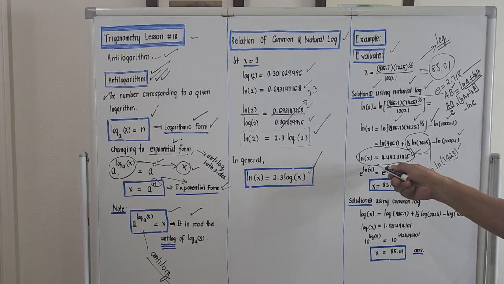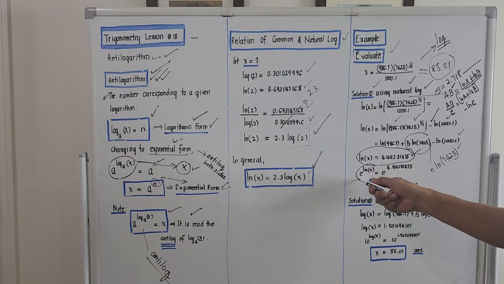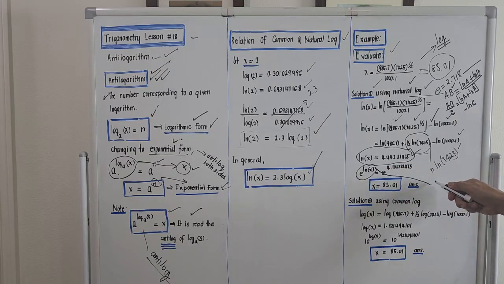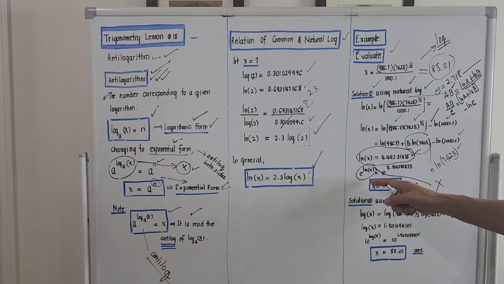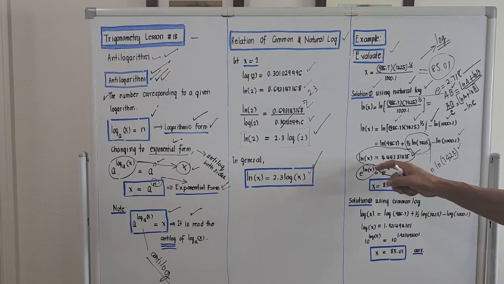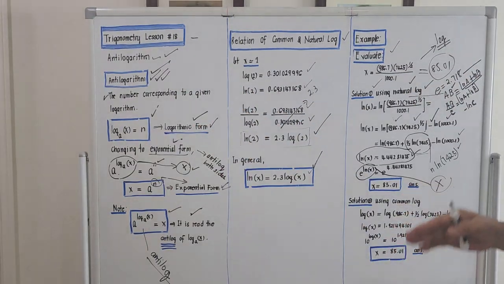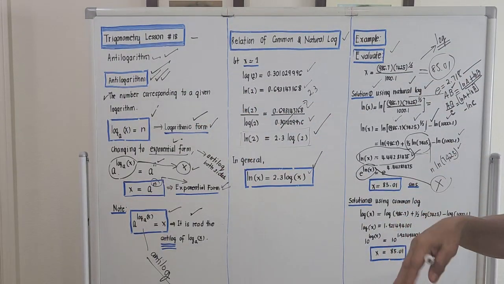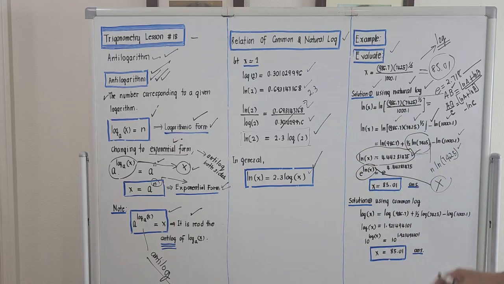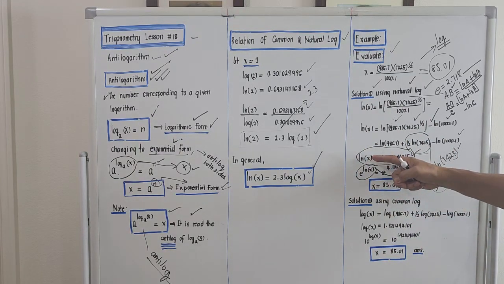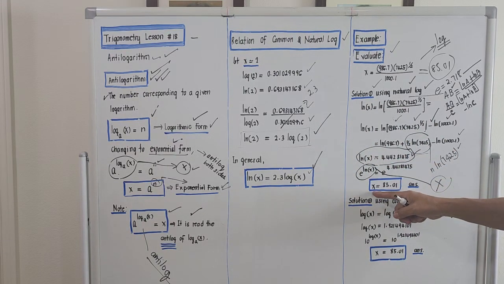But if we simplify this one, this will just be simply x. The proper way to read this is: the antilog of the natural logarithm of x is just simply x. Okay? That's the topic, antilog. If we take the antilog of the natural logarithm of x, it will just be simply x. So e raised to the natural logarithm of x should be equal to x.